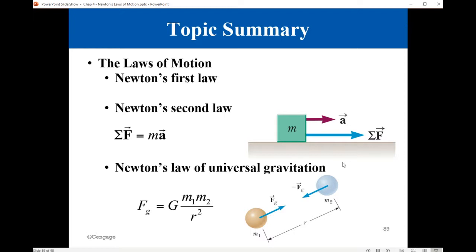And Newton's second law, which says the net force acting on an object is equal to the mass multiplied by the acceleration. Acceleration will always be in the direction of the force, but the velocity may have a different direction.